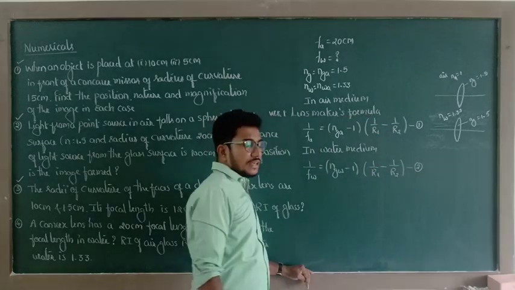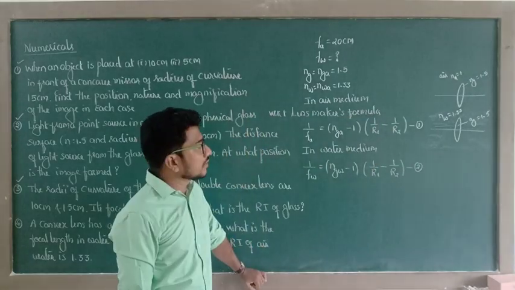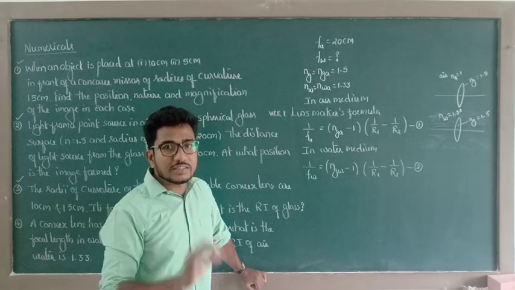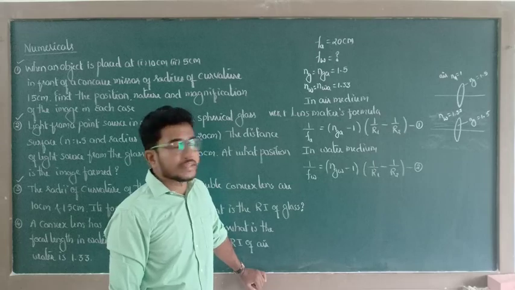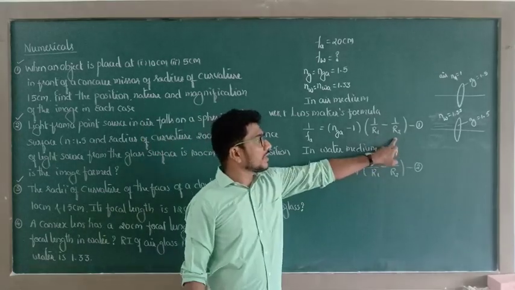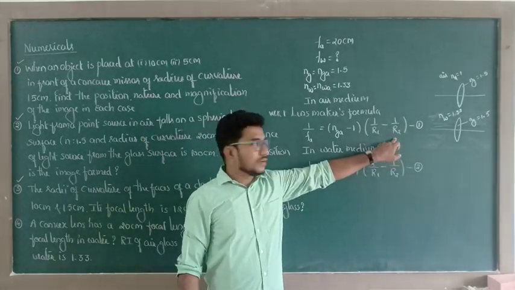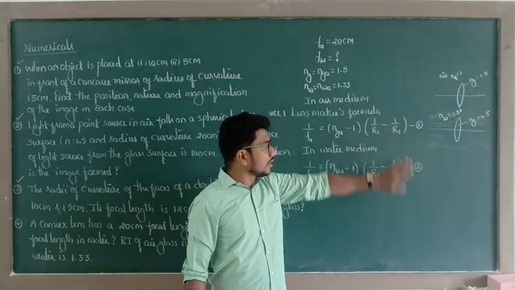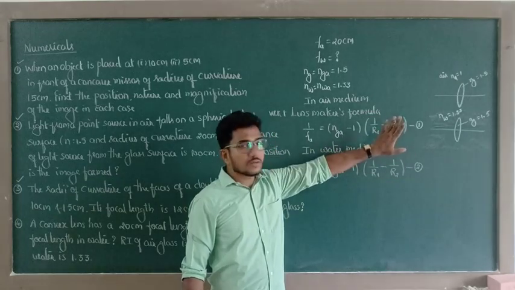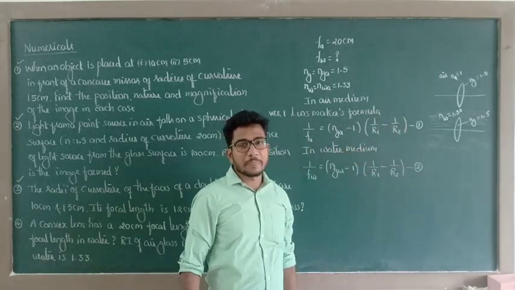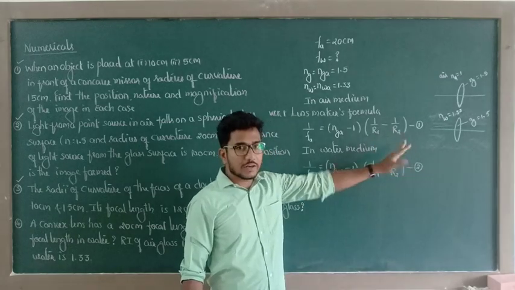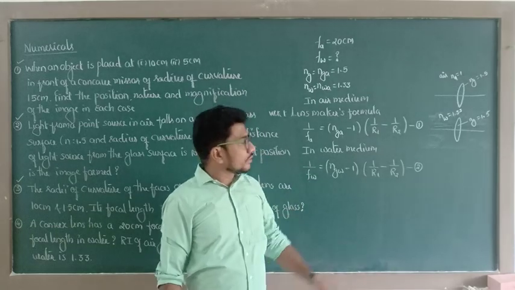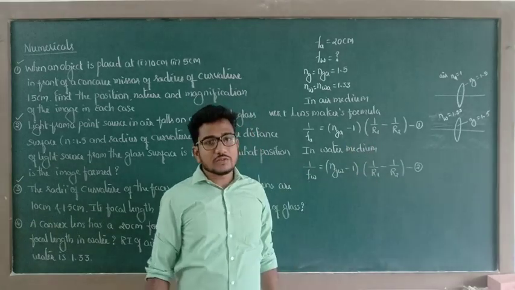So in case of air or in case of water, there is no change in size of the lens. So the size of the lens remains same. That means there is no change in R1 and R2. In both the cases, R1 and R2 of the given convex lens is same. And also we don't know R1 and R2 according to this numerical. Therefore we can neglect this R1 and R2 in our calculation.